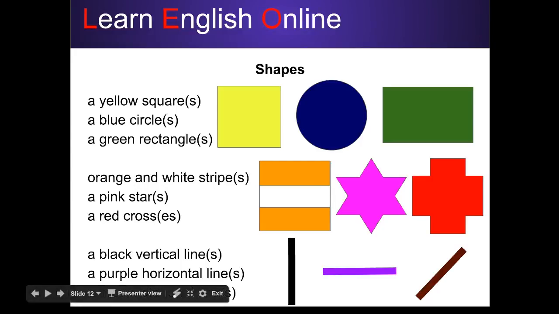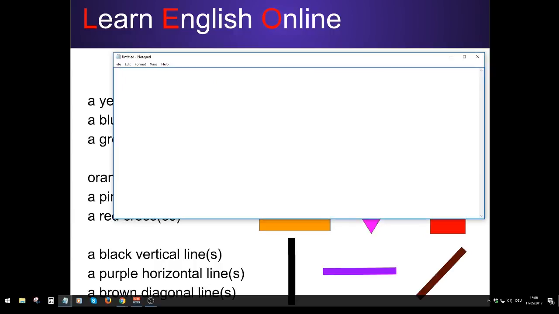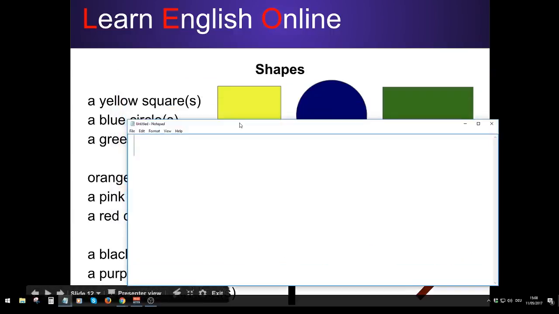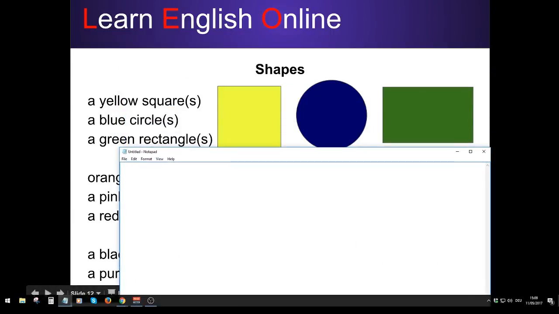Then we have the rectangle. Now, there were no rectangular shapes as such in the flags, but the flags were rectangular. Okay, the flags weren't square or circular, they were rectangular. Now notice what I did then. We've got a rectangle, is rectangular.